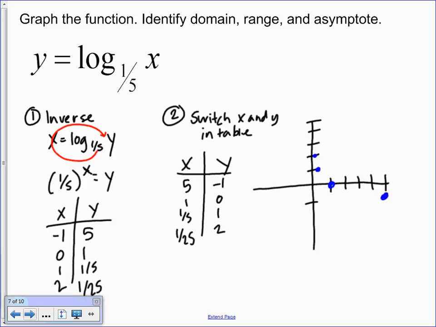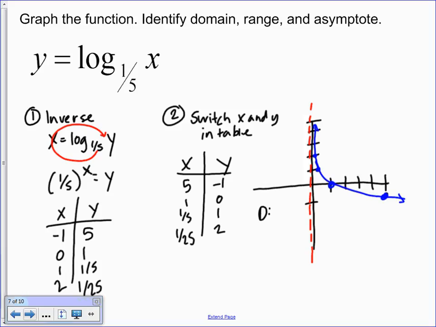And you can see you're getting closer and closer to the y-axis, but you're not actually getting there. So now we're going up towards the y-axis instead of just coming down. So it's kind of like the flipped version if you compare it to your previous graph. You still have an asymptote at x equals 0 though, so that stays the same always, just like it did for us with our exponential functions.